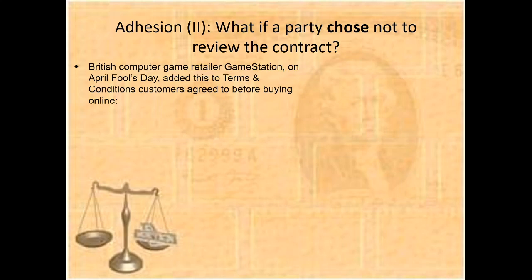So what if a party chooses not to review the contract? Let's talk about that. Now, a British computer game retailer, for example, is also a very important thing to note. Normally, all of us use internet applications and software, buying, etc. All of you install applications on your mobile and your computer.